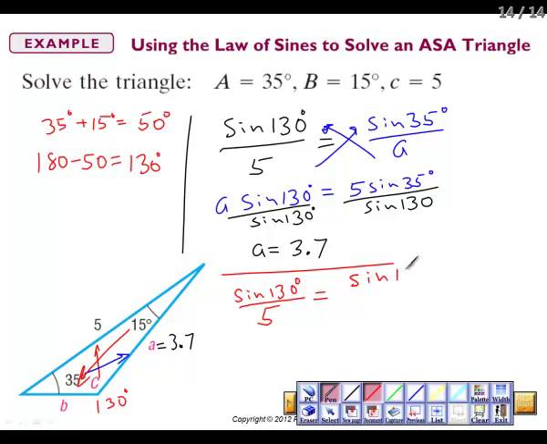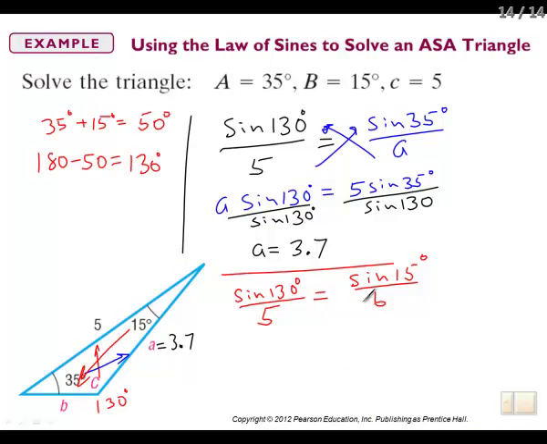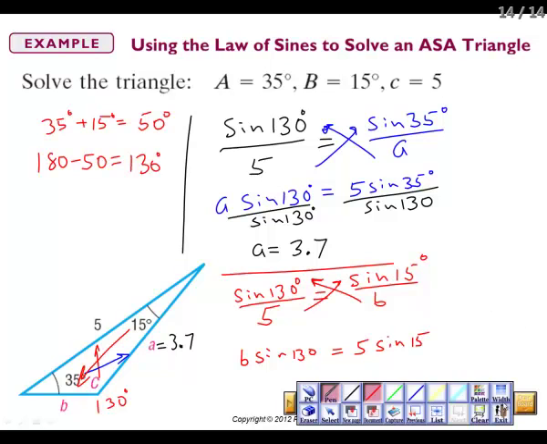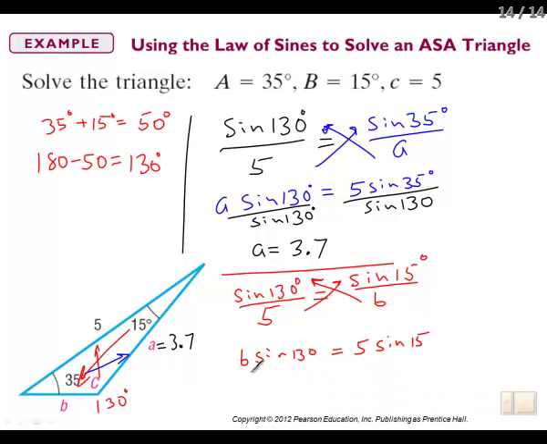So this would be sine of 15 degrees over side B. Alright, so again we cross multiply, and this would be B sine 130 equals 5 sine 15, and we are going to divide sine 130 on both sides.